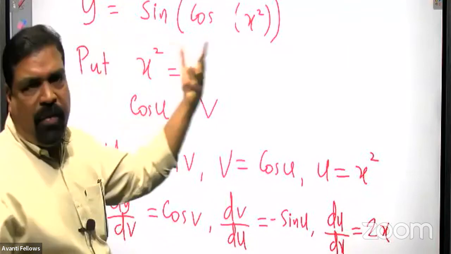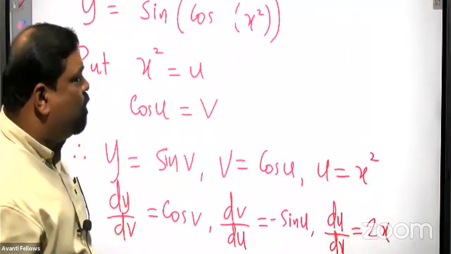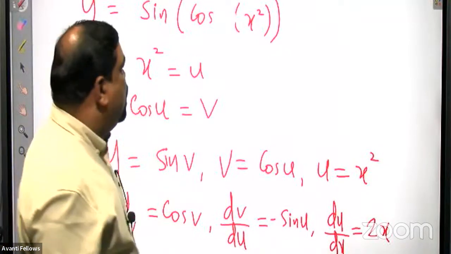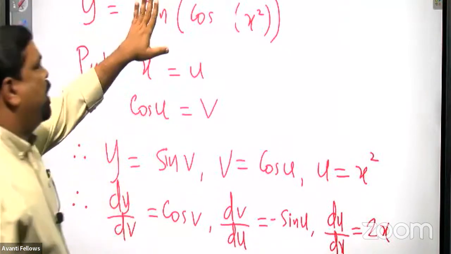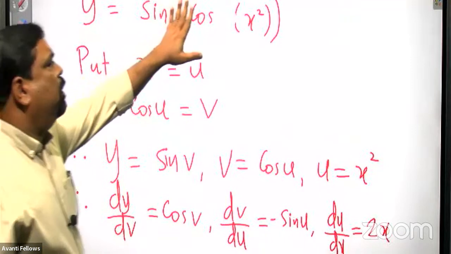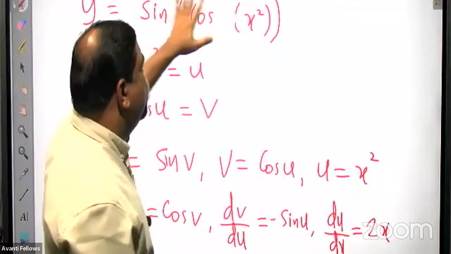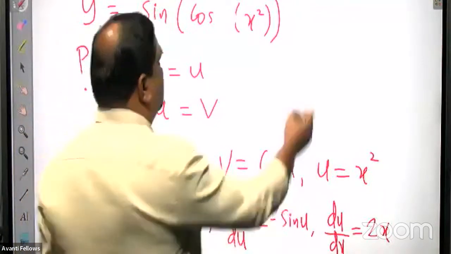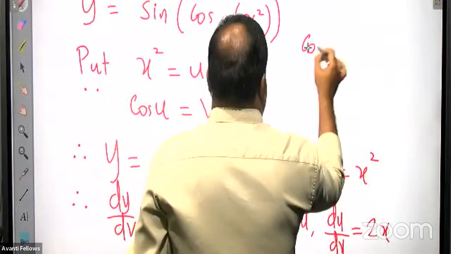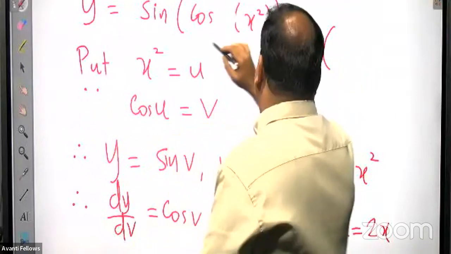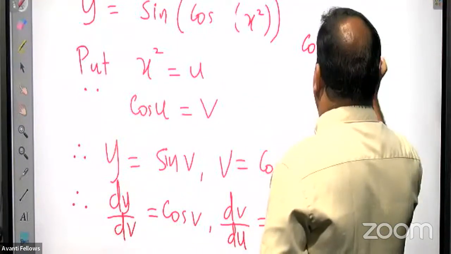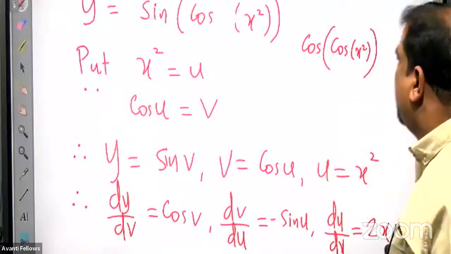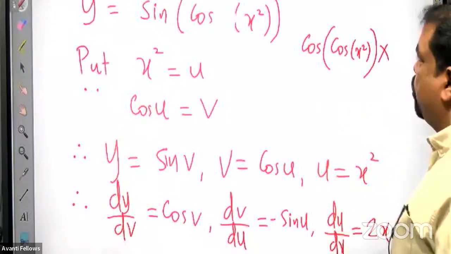You know what is derivative of sine? That is cos. So just you apply the derivative of sine. The remaining thing as it is, no change. Only apply the derivative of the first one. That means we can write cos of x square, okay, multiplied by.